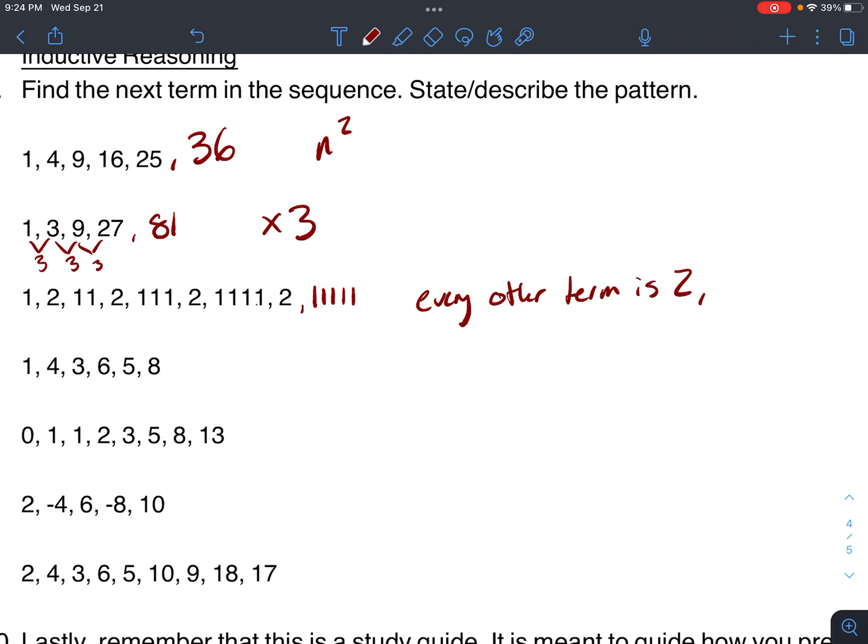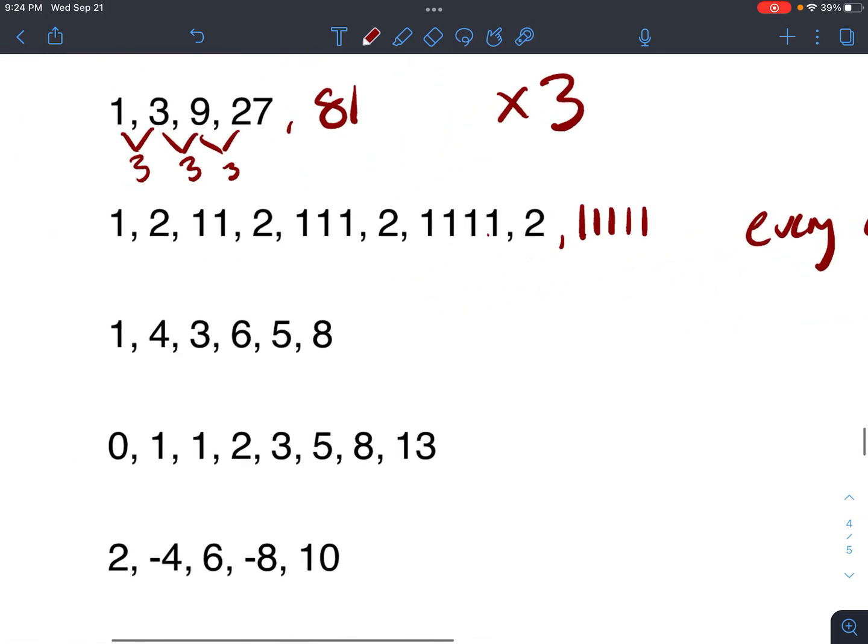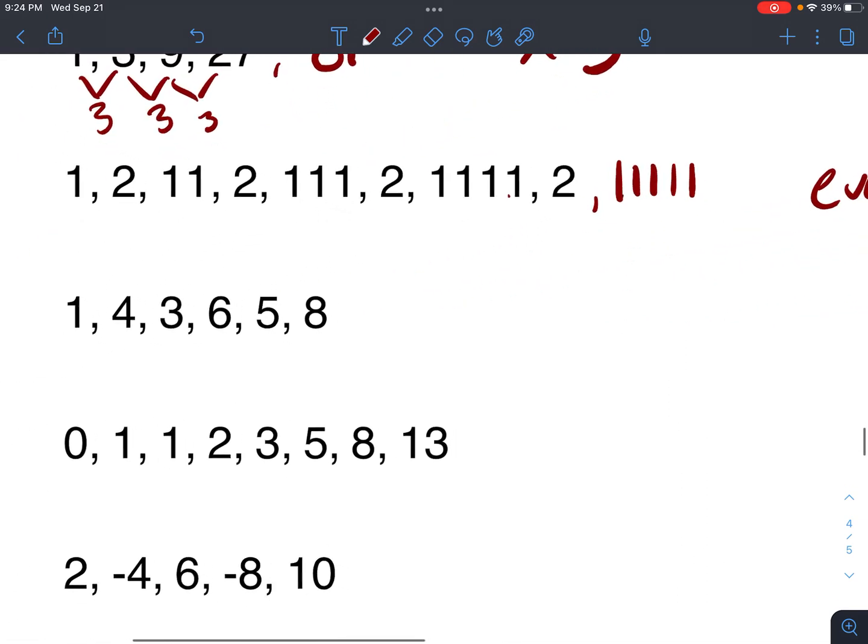Oh man, how would you even word this? It's interesting. You're essentially adding a 1 onto the... Oh, there we go. We're adding a digit. Adding 1 to the digit. There we go. That makes sense.